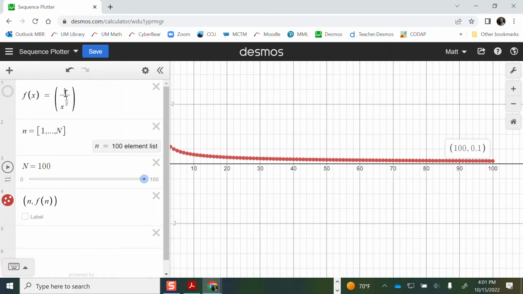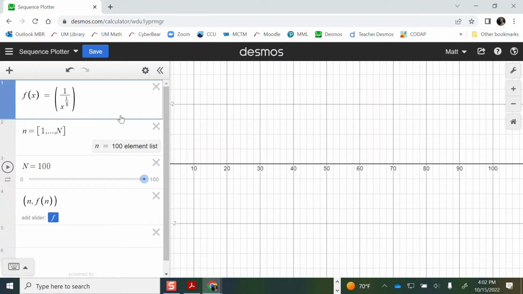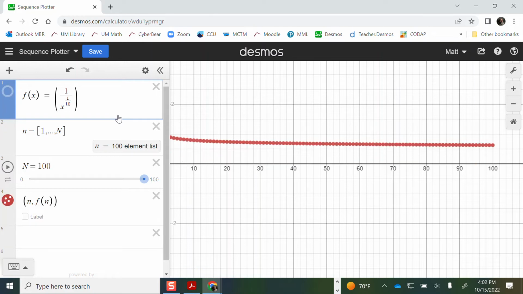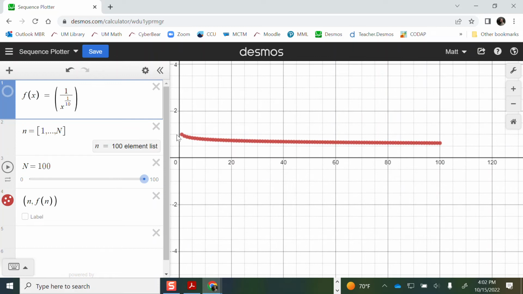Yeah, that makes sense because I'd have 1 over the square root of 100, and the square root of 100 is a tenth. So you can see that as I go out, I can get this thing to flatten out to 0. If I pick numbers that are really close to 0, like 1/10, then of course the convergence is slower. But eventually this will come down and meet the horizontal axis.